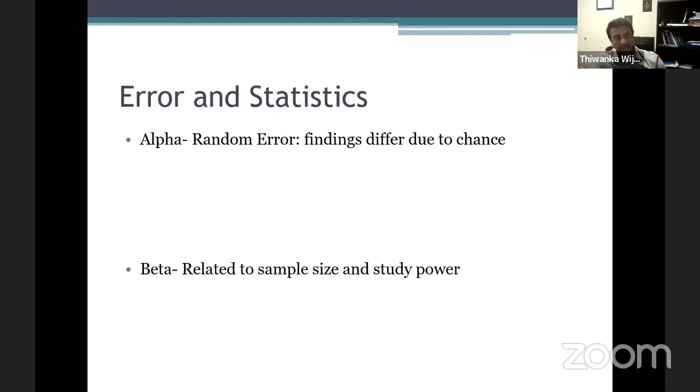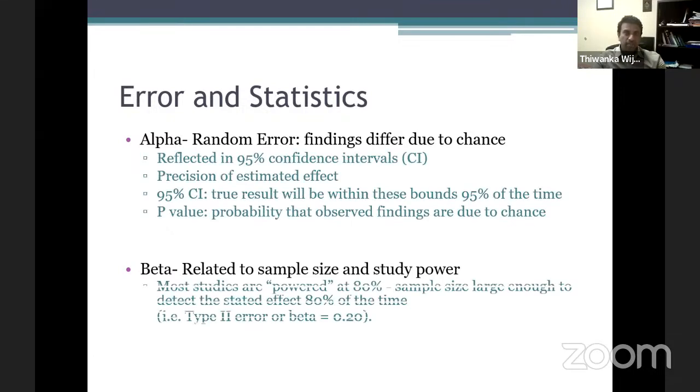So if I repeat that, we compare two groups, they are supposed to be similar with no difference, but statistically we make an error and identify a difference, and that's called a false positive or alpha error. And the reverse, when we compare two groups and they are meant to be different, if we don't identify a difference, that's called a false negative or beta error. So just be familiar with those two terms.